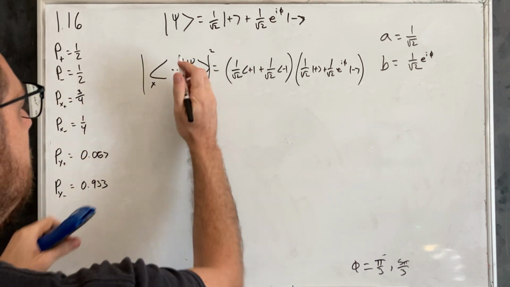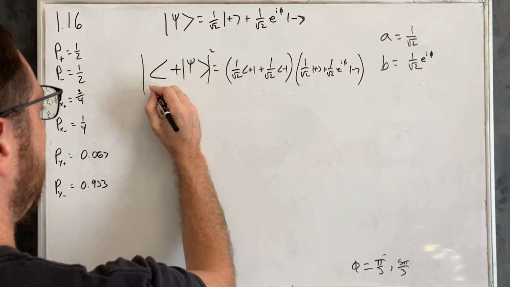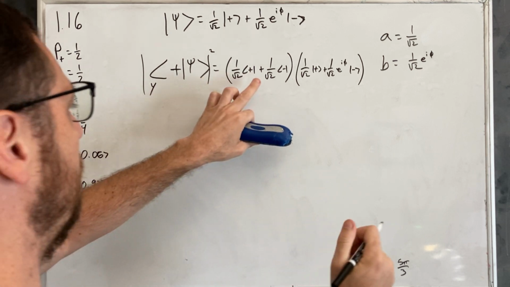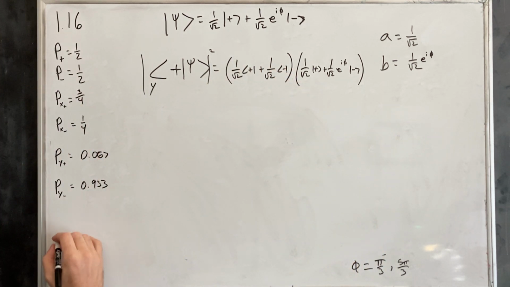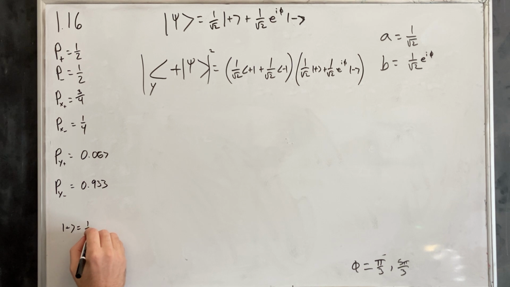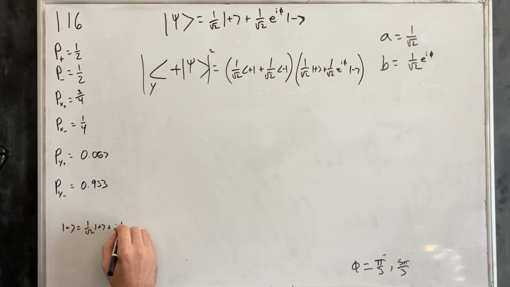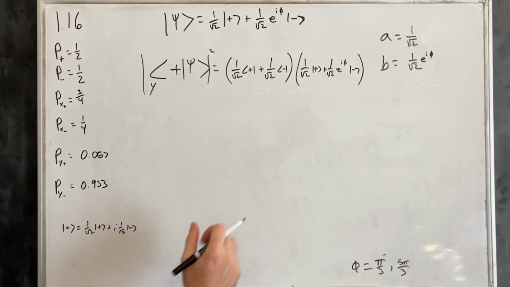So let's do, we'll stay doing up, but we'll do it in the y. And our y is going to be, what was it? So our up for y was 1 over root 2 up plus i 1 over root 2 down, if I remember that correctly.